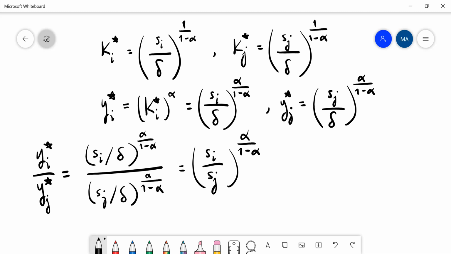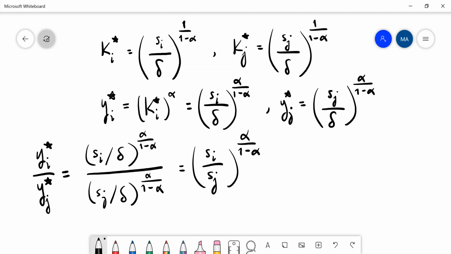Okay? So according to this model, long-run prosperity differences are explained by saving rate differences. And it also, of course, depends on this production function parameter. Okay, so it is in this sense an important parameter. All right.